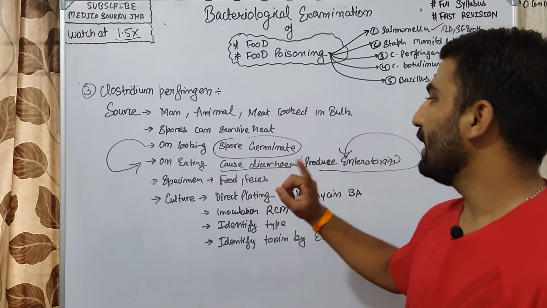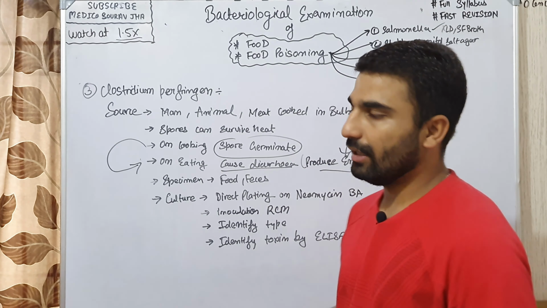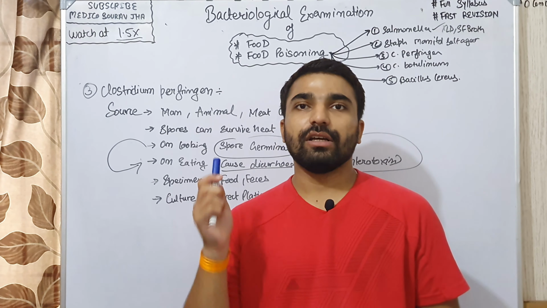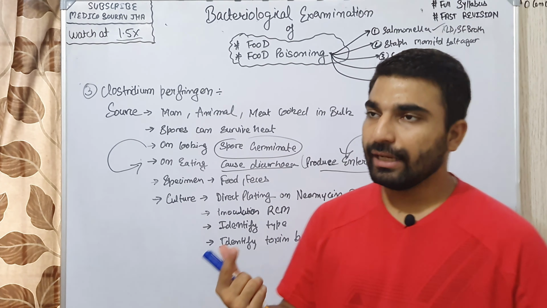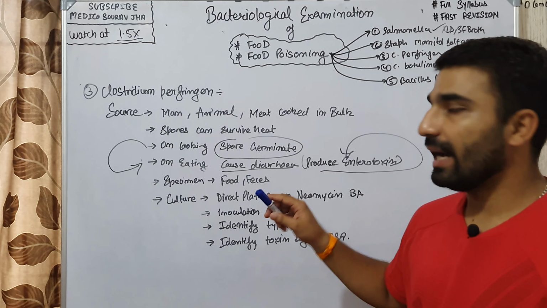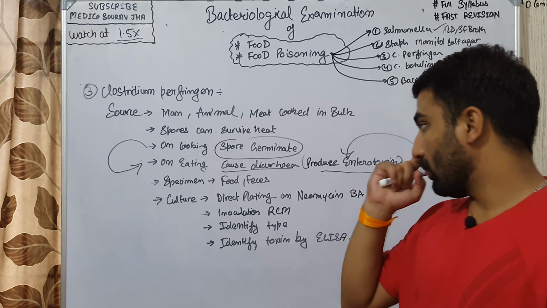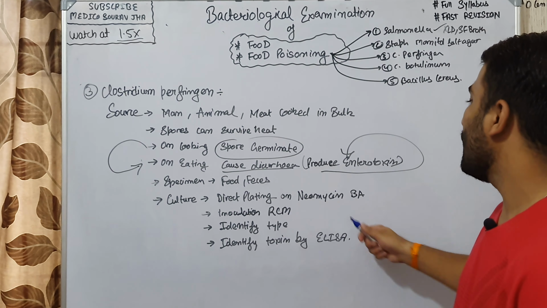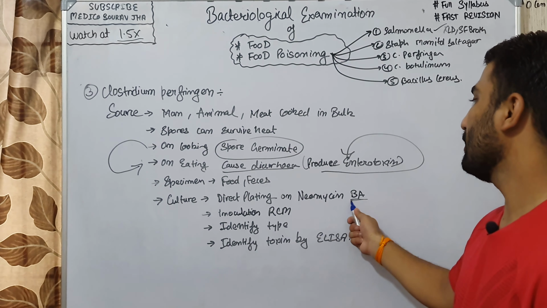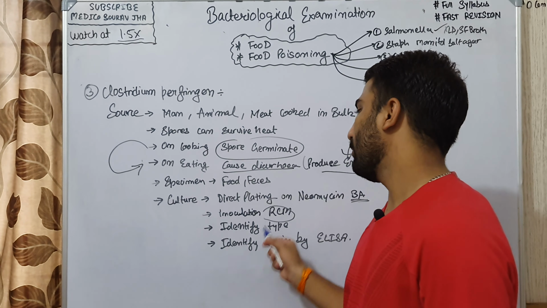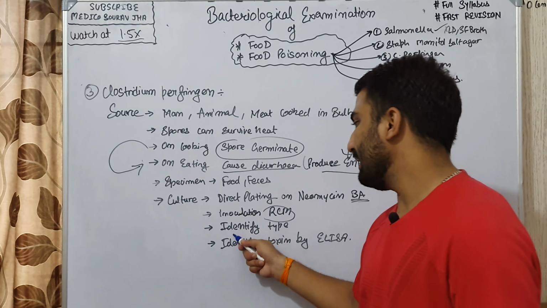Specimen can be food and feces. The food should be well preserved and refrigerated while transporting, and transportation must be careful, and feces from the patient. Culture can be direct plating on neomycin blood agar, and inoculation on RCM, Robertson cooked meat.